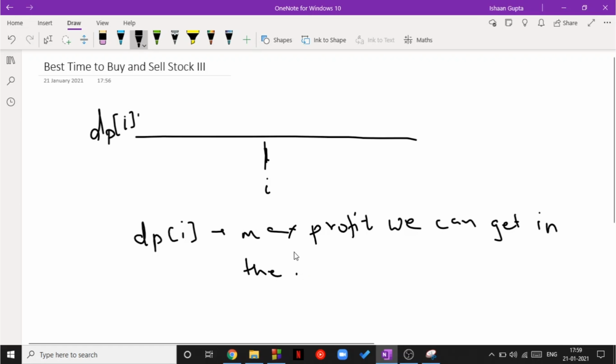Okay, so DP of I gives us maximum profit we can get in the end of ith day.